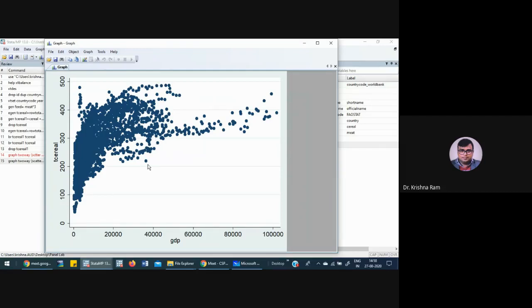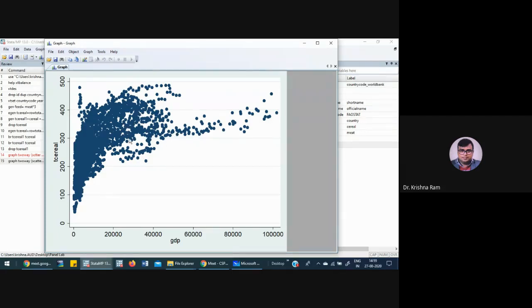And if we remove these high income countries, let's suppose, having more than 40,000 per capita per person income, this graph expands and clearly you can see there is a non-linear relationship between these two variables.